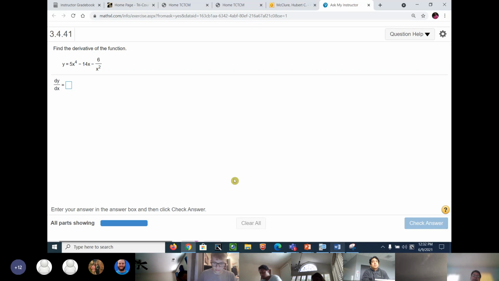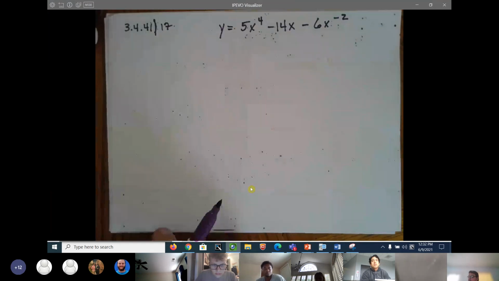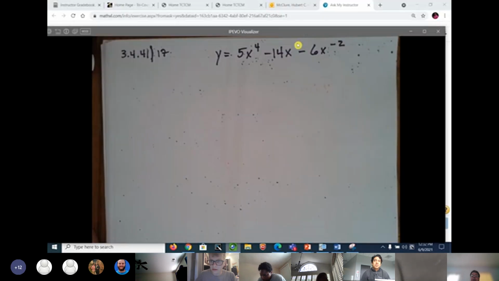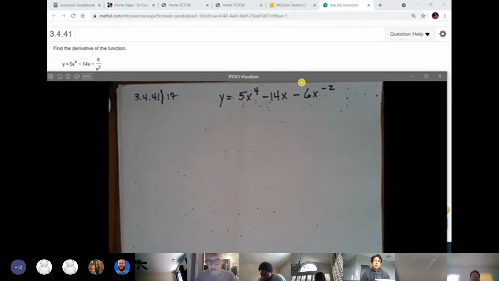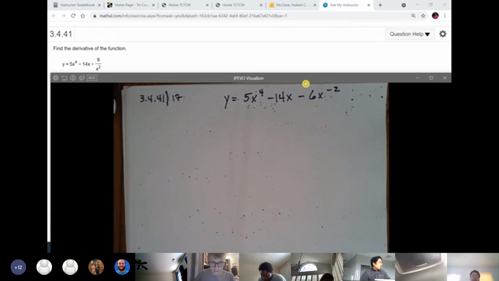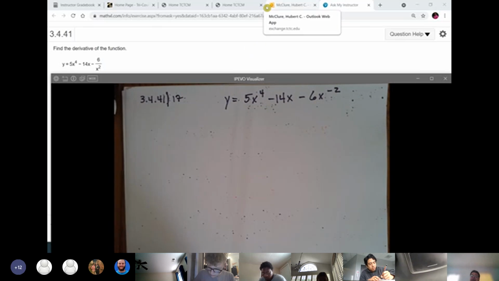What did I do there? What did I do different from the problem? You brought the x squared up and made it negative. I rewrote. Remember, when you're dealing with a fraction like that or a radical, you want to rewrite. I like this as a test question because it's real short and sweet. Power rule.